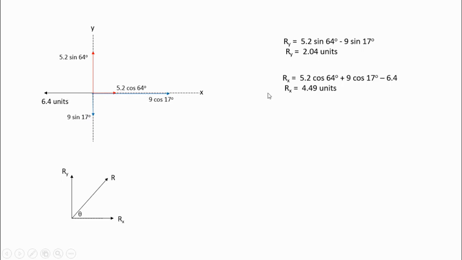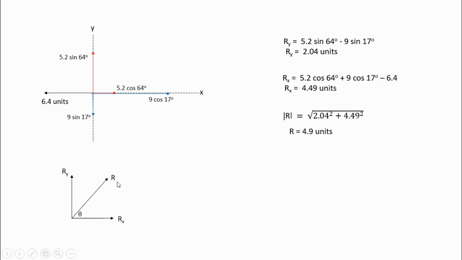So in the x direction, we have 4.49 units. That is our Rx. So now we have reduced everything to just two perpendicular components, Ry and Rx. And we can use Pythagoras to add them. So the magnitude of our resultant R is the square root of Rx squared plus Ry squared. And that gives us 4.9 units. So that is the magnitude of our resultant R.